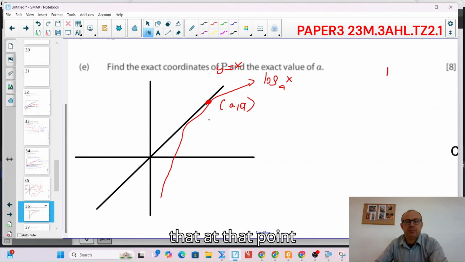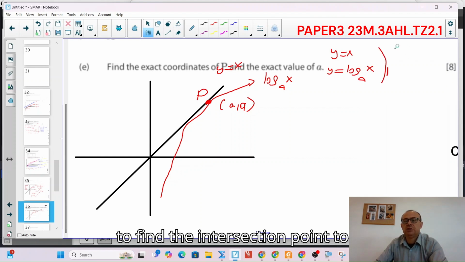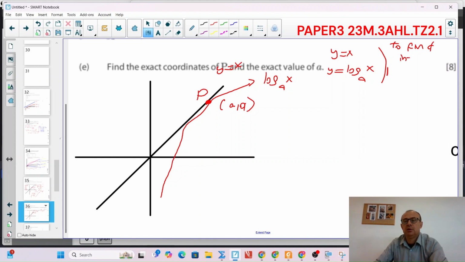Now we know that at that point P, y is equal to x and y is equal to log base a of x intersect. So to find the intersection point, we have to equalize the equations.